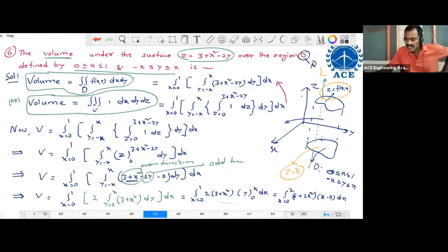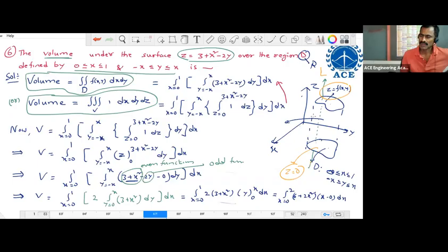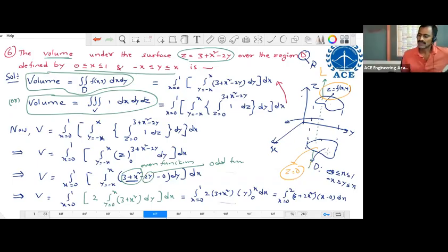The volume of that space region is given by this double integral only. Is it clear? Yes, sir. That is why for this object, it is. Thank you, sir.